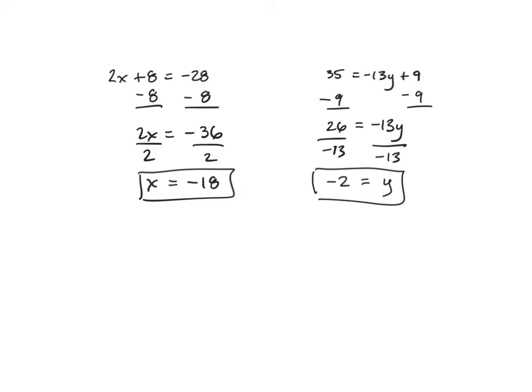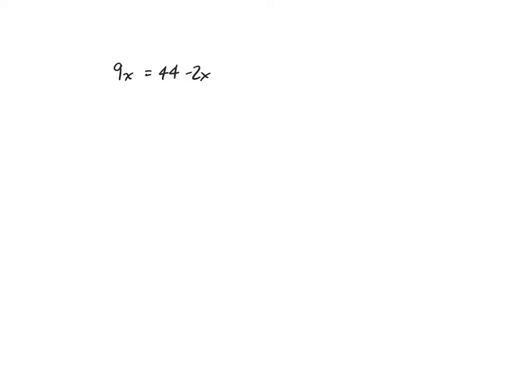Okay, so let's look at some other ones here that may have variables on both sides, and then we'll look at another one that has variables and constants on both sides. So this one has variables on both sides. So I need to decide which side I want to put all my variables, and be strategic about this, because on this side I have a variable term.